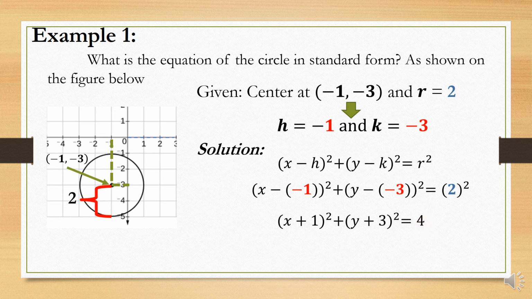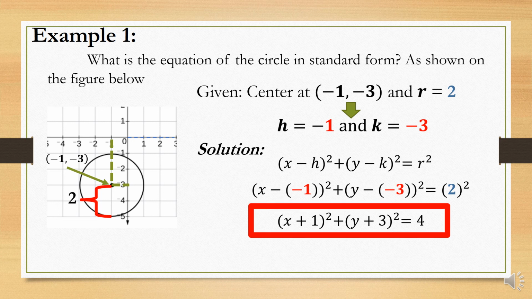So the equation of the circle in standard form is the quantity x plus 1 squared plus the quantity y plus 3 squared is equal to 4.